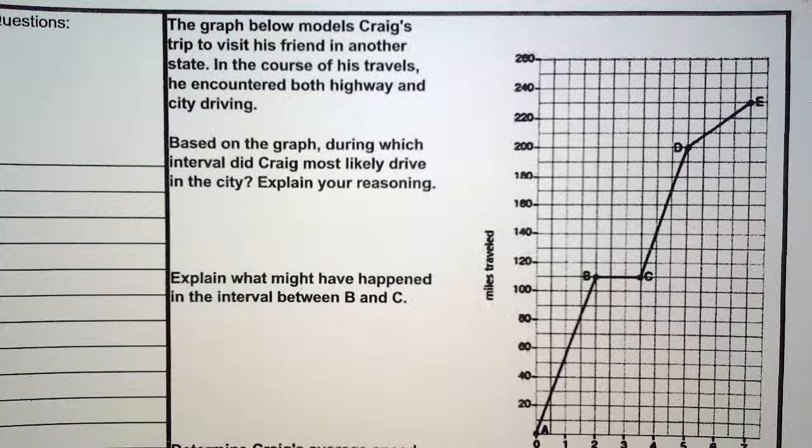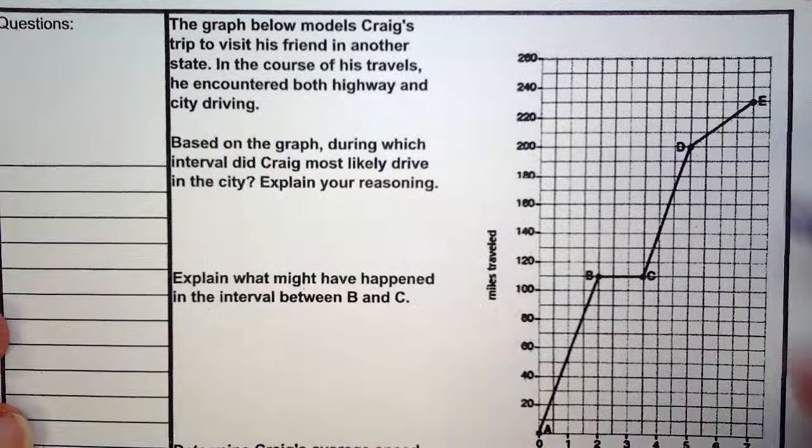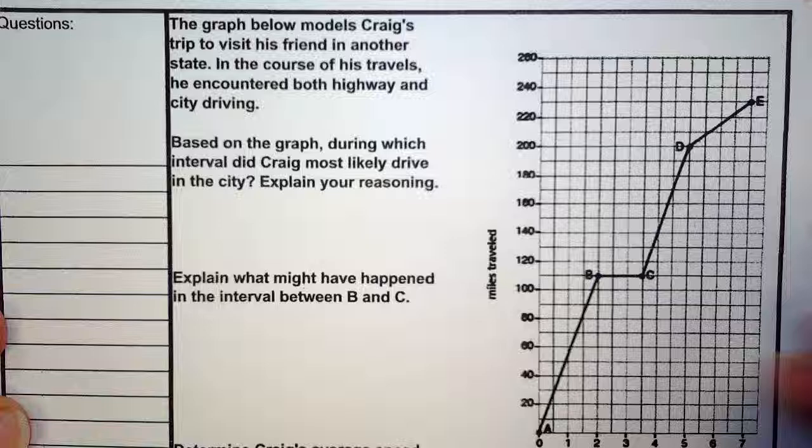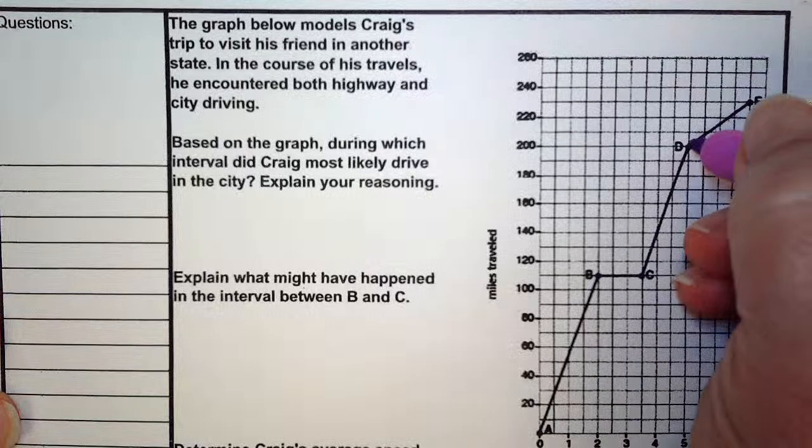Okay, so if you're driving in the city, do you drive faster or slower? Well, you have to drive slower than in the country. So would that make your slope, which is your speed, greater or less? Well, that would make your speed less. So where am I looking at that slope? This is a 0 slope, which means that what? But let's look here.